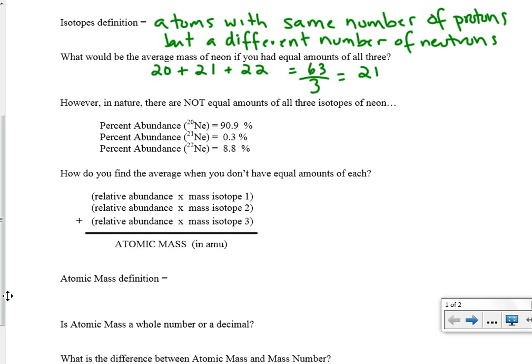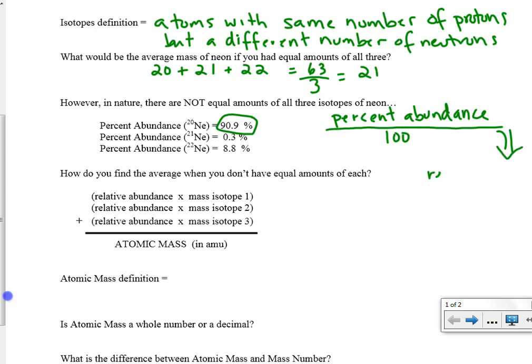To do a weighted average, we have to first convert the percent abundance back into its decimal form. Taking the percent abundance and dividing it by 100 will give you what we call relative abundance, which is just the decimal form of the percentage.